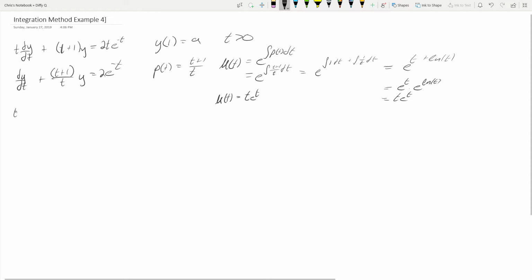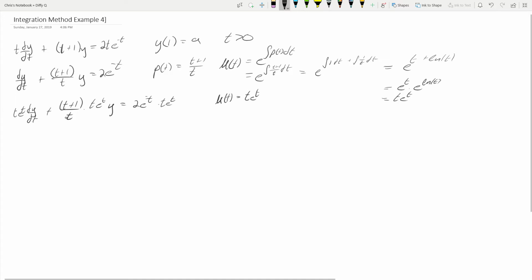So it's going to be t e to the t dy/dt plus (t plus 1) over t times t e to the t times y is equal to 2 e to the negative t times t e to the t.